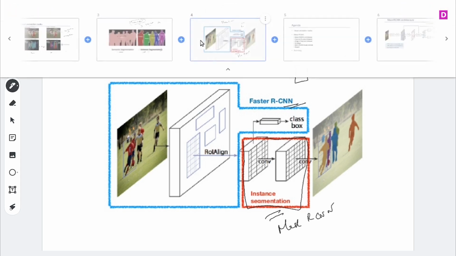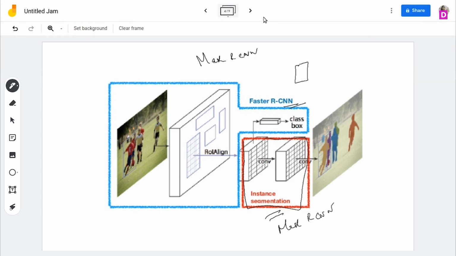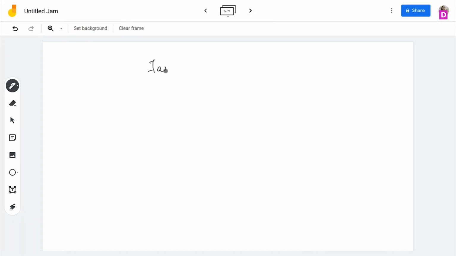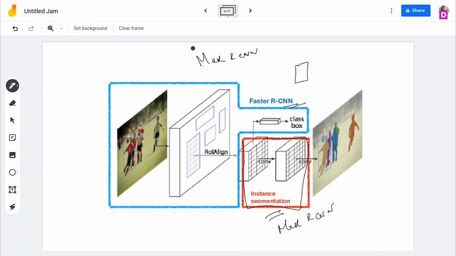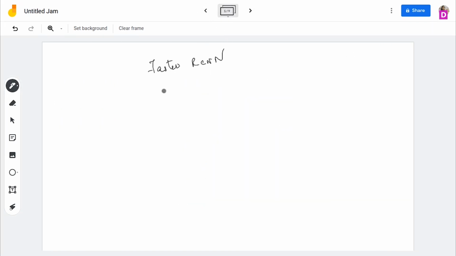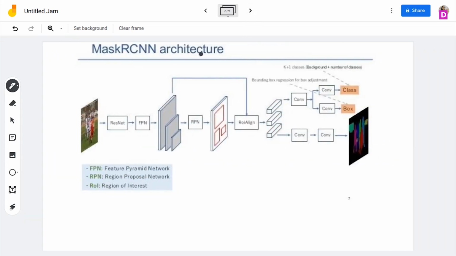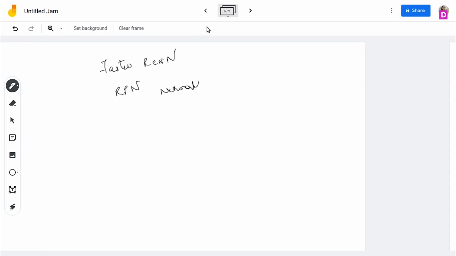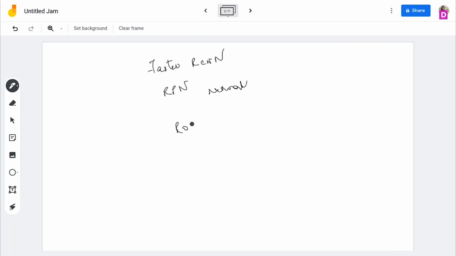So let us first go and revise what we learnt about faster RCNN, right? Once we know this, it will become easier for us to do everything. So what happened in faster RCNN was that they used an RPN, a region proposal network, right? So they made a network, and once you had the network, you did ROI pooling, and you got all the sizes, all the feature maps.